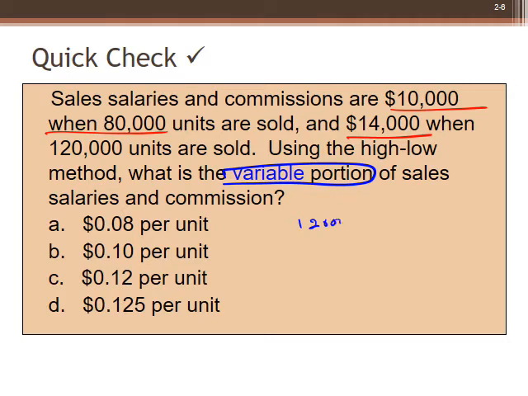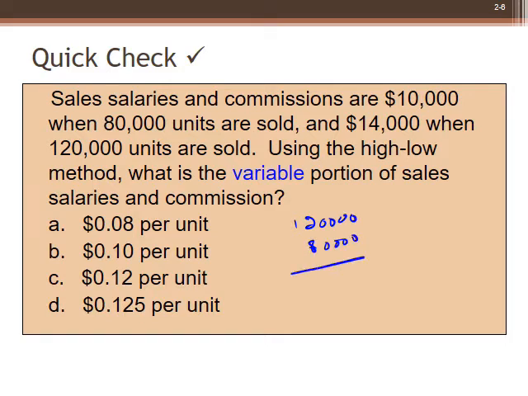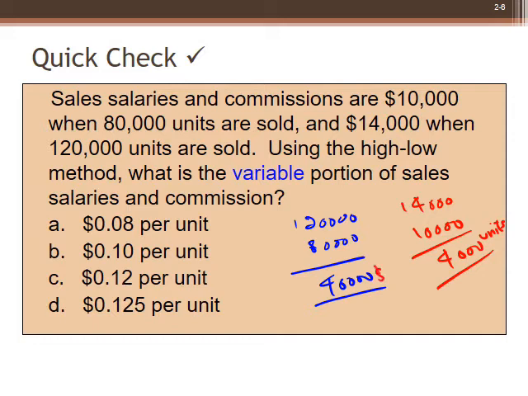We have 120,000 and 80,000. The difference is 40,000. Whereas our cost is highest 14,000 and 10,000. The difference is 4,000. These are units, these are cost.